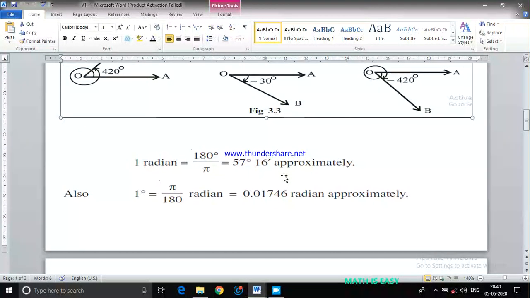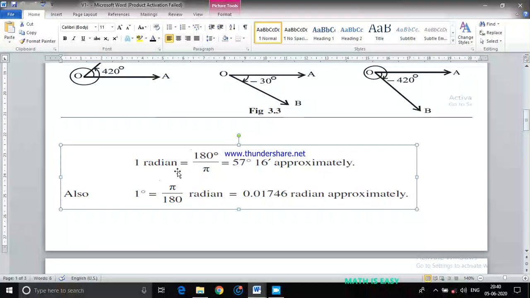Now generally we have here a relation between a radian and a degree. Here you have 1 radian equals to 180 degrees upon pi. If you bring pi this side, then pi radians is equal to 180 degrees. That's why generally we take pi value as 180.